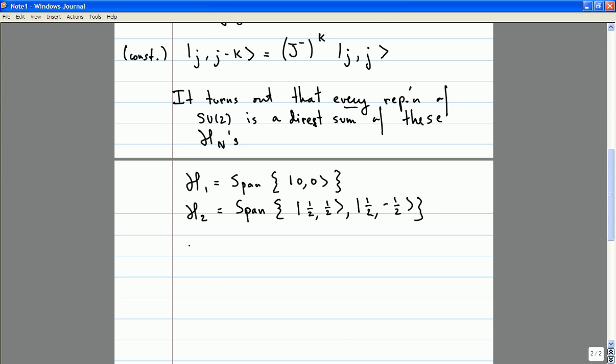So that, for example, the direct sum of these two is the Hilbert space spanned by all three of those basis elements.